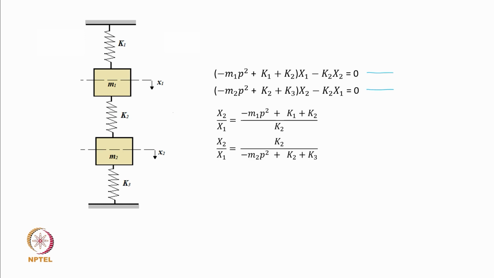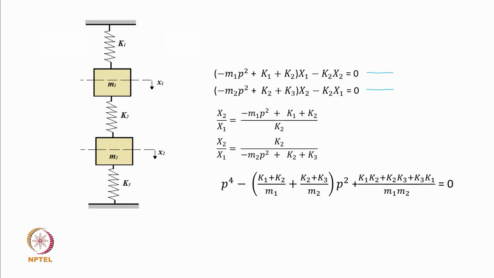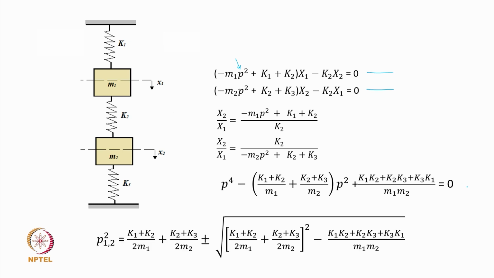And by solving this, of course here instead of omega it is p, but that refers to the same frequency of motion, you basically get this equation by solving the last equation on the previous slide. You will get a quadratic in p square, and if you solve that, it is given as the frequency expression.